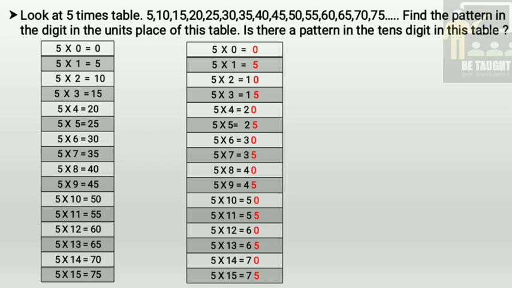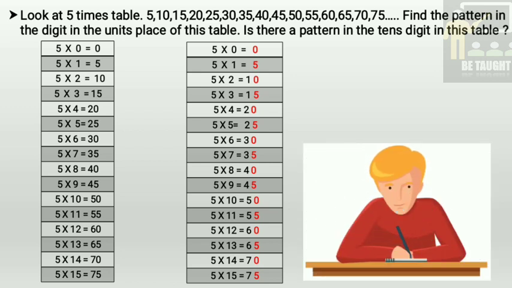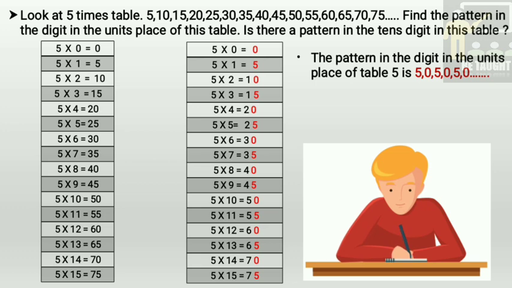Again the red color is the units place of the number, and if you see, it is forming a pattern. The pattern in the digit in the units place of table 5 is 5 0 5 0 5 0, and it is repeating till 5 15s are 75.